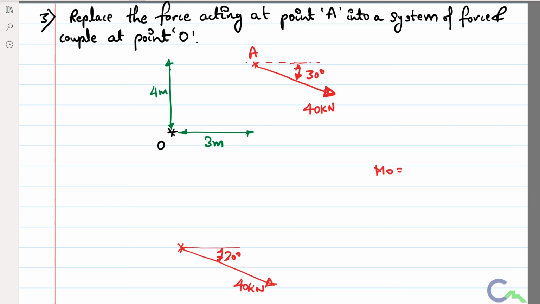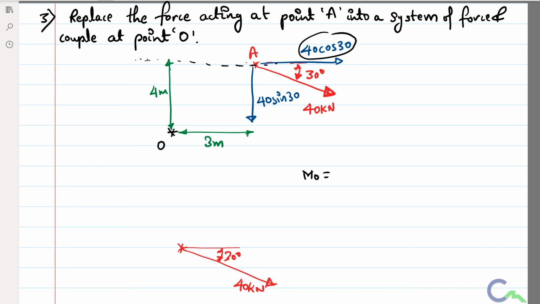To calculate MO, I will resolve this force in horizontal and vertical directions. In the horizontal direction, 40 cos 30, in the vertical direction, 40 sin 30. If I am calculating the moment about O, MO is equal to 40 cos 30. I can shift that force along its line of action.